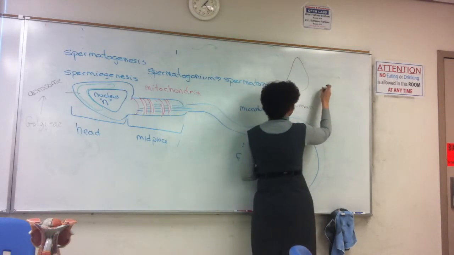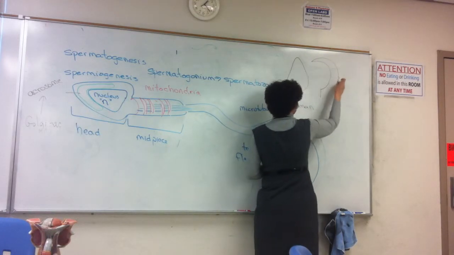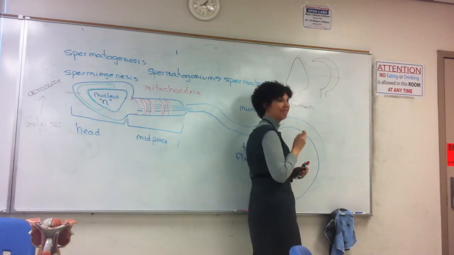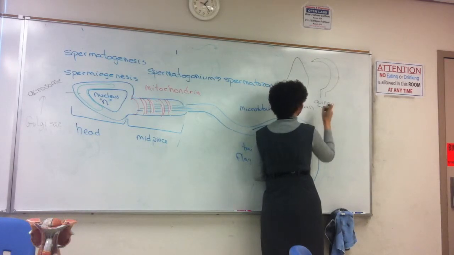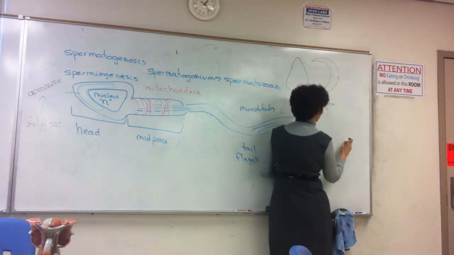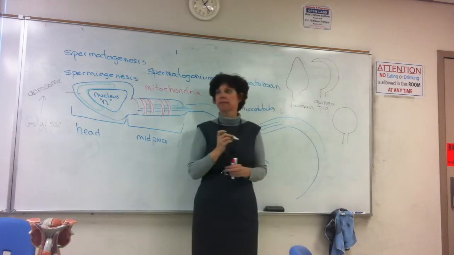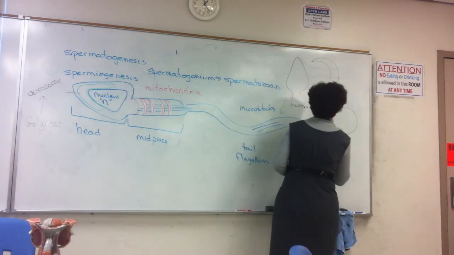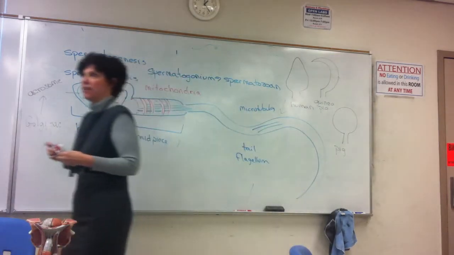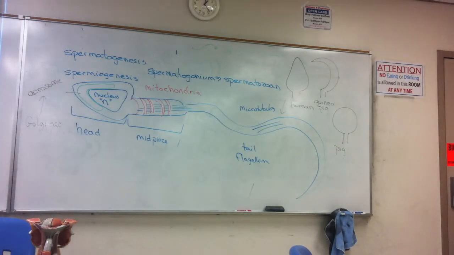A guinea pig, shaped like that. And a porcine, a regular pig, a hog, is shaped like a ping pong paddle. I don't know what advantage that provides in the attachment to the egg, but there must be some.